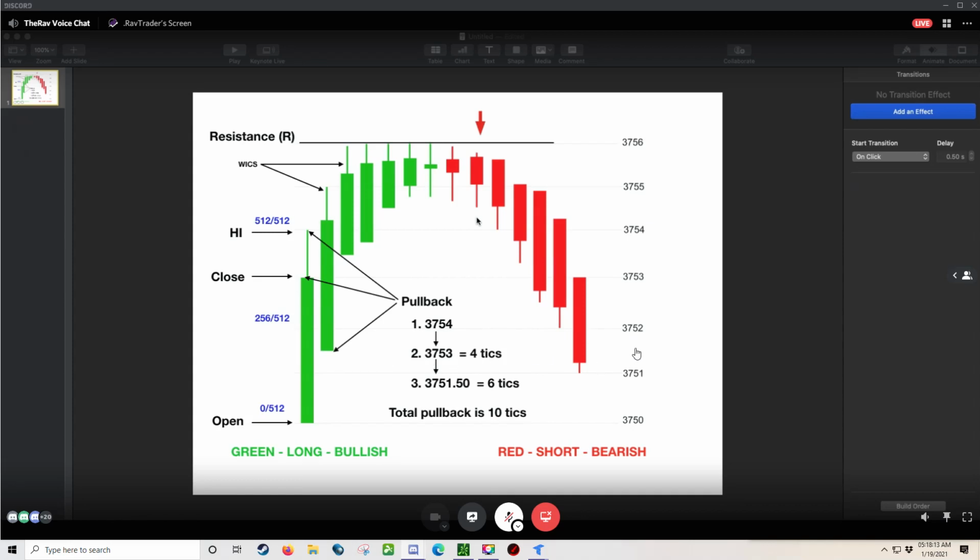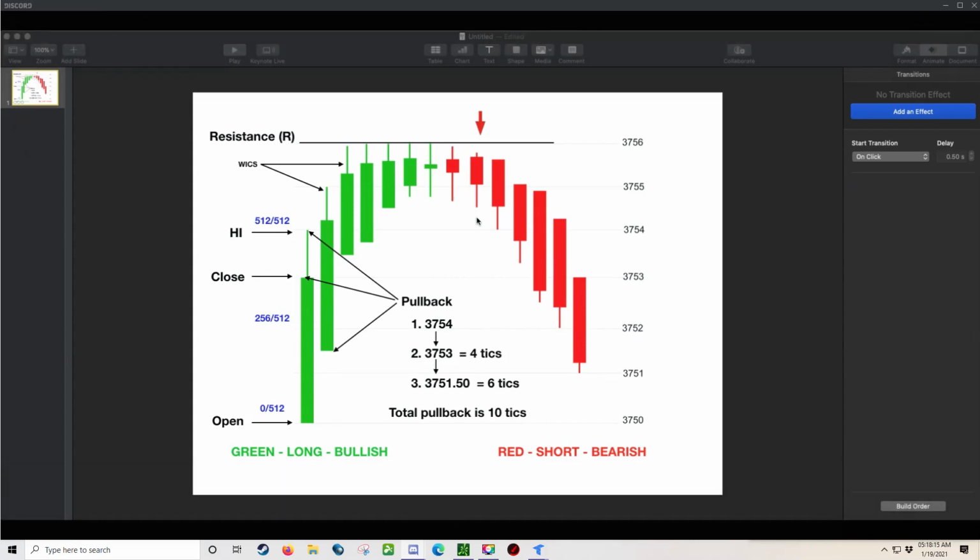So 2 things. If you got a 6 tick stop, you're going to get prematurely taken out right there. You won't be able to get into that trade because you have to move based on this measurement. You have to move your stops out beyond 10 ticks.